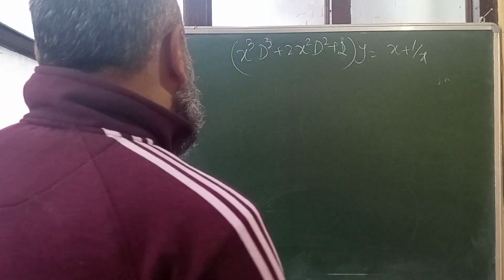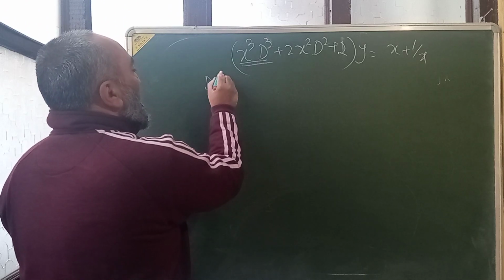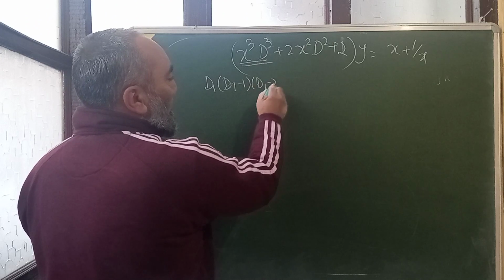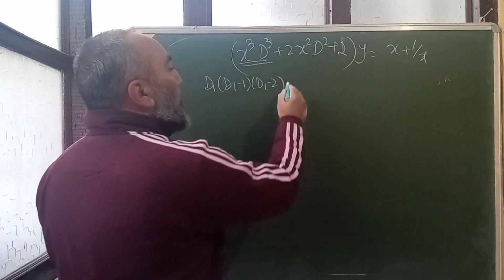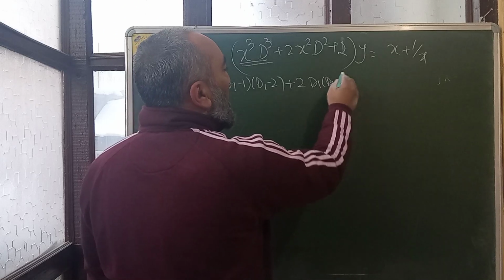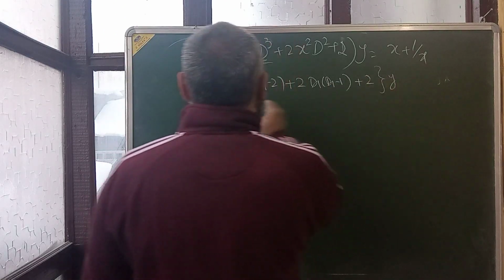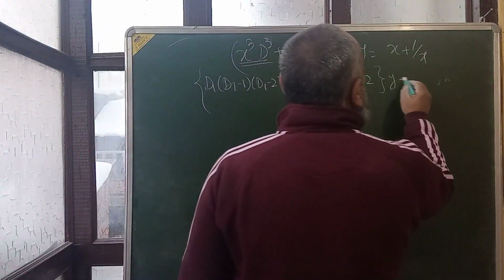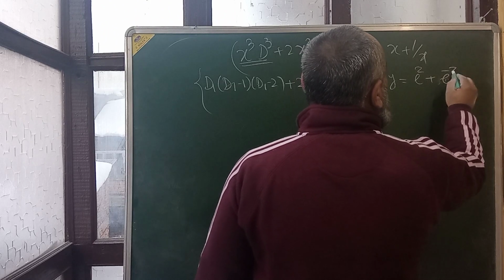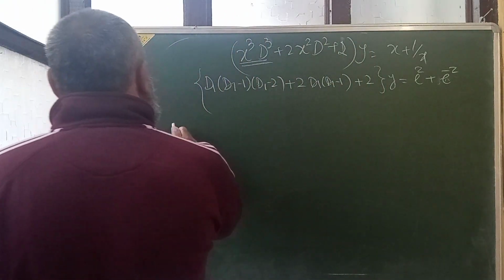See, x³D³, what is that? D₁(D₁ − 1)(D₁ − 2). Then 2x²D² is 2D₁(D₁ − 1), then 2, operating on y. Your x is e^z, 1/x is e^(−z). Fine, this is it. Let me find it out.